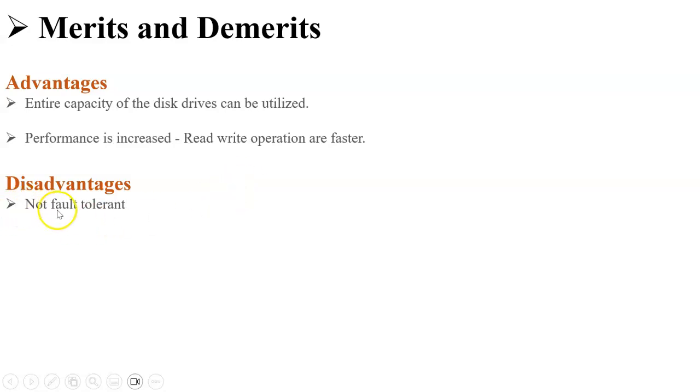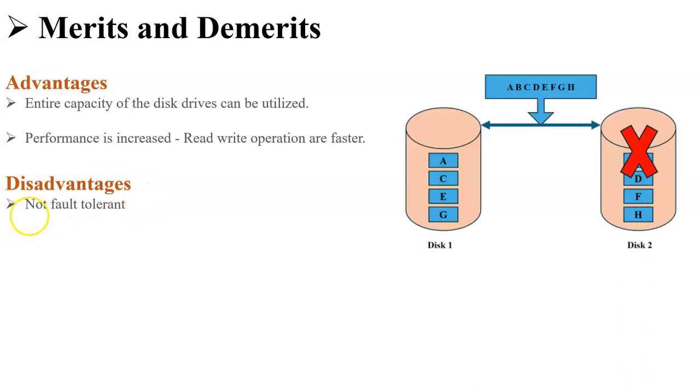Now let us come to the demerit or disadvantage of RAID level 0. This is a non-fault tolerant system. Now why do we say this? Basically, this is the block that is there, and let us say out of disk 1 and disk 2, disk 2 crashes.